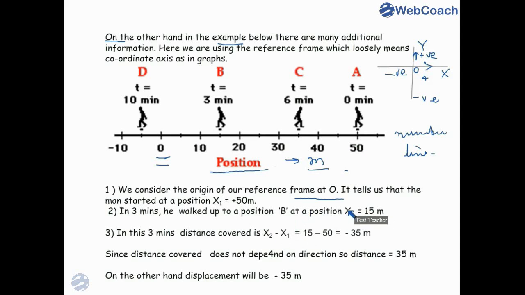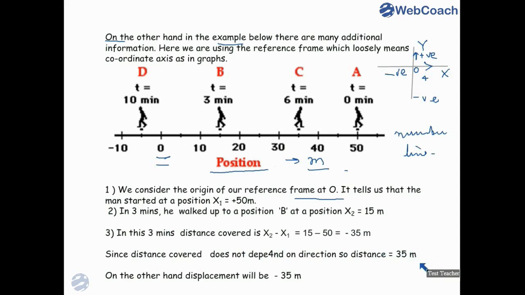This is my final position, this is my initial position, and the displacement is always final position minus initial position, which is equal to, now I have written minus 35 meters knowingly, because in the next line I have written that the distance covered does not depend on direction.